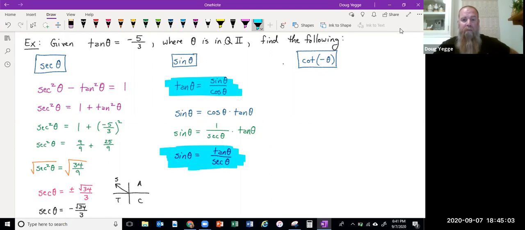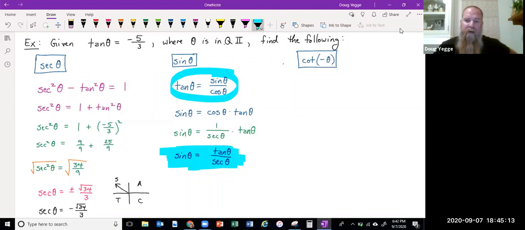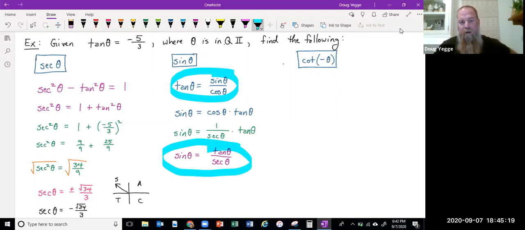We're not expected to memorize this or know this. The point of identities is that once we can look at one form of an identity, there are many different ways to rewrite that form. And so even though this bottom one doesn't look familiar like one of our identities on our list, it's still an identity because we used fundamental identities to get there.